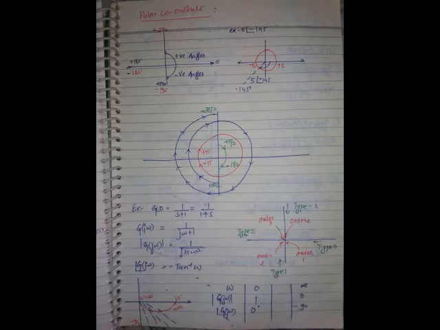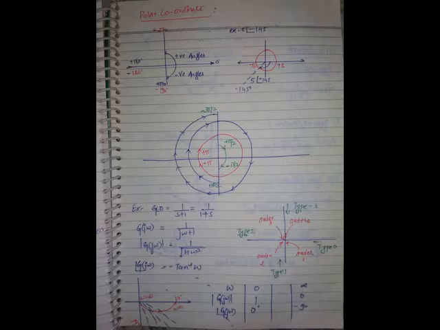So 1 plus s, put s equal to j omega, 1 plus j omega. Find the magnitude, 1 by root of 1 plus omega square, and find the angle, minus tan inverse of omega.